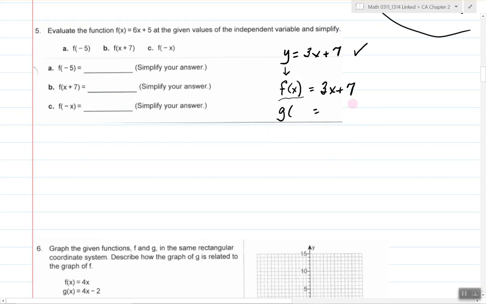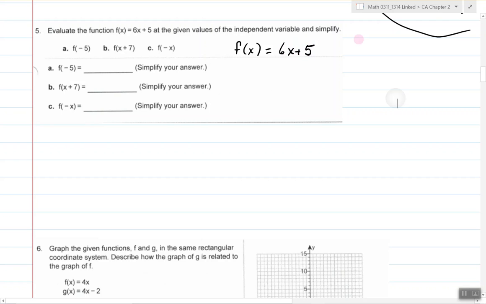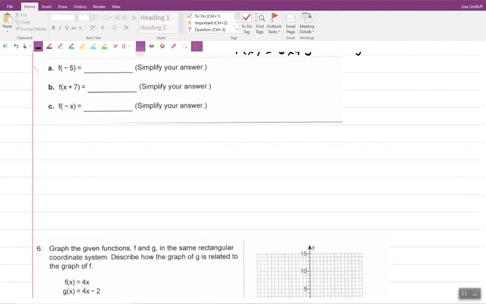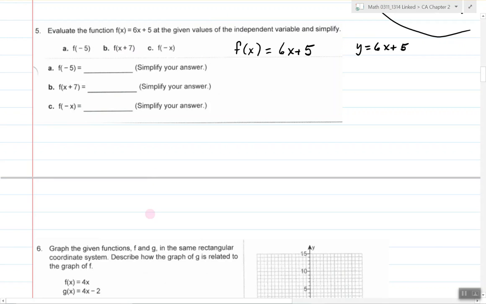All right, so now that we've talked about function notation, number 5 says, suppose we have f of x is 6x plus 5. Now, this is, in our old notation, y equals 6x plus 5. But because it's a function, they've changed the name. This particular problem says, well, evaluate it. So we're going to explore a little bit of function notation.